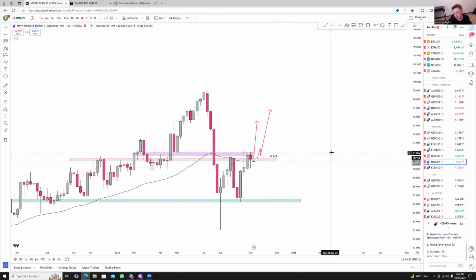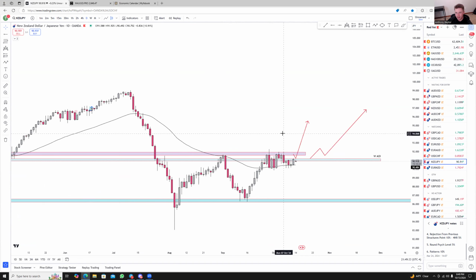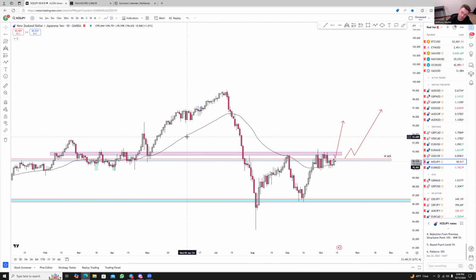We're waiting for it to get above, make a new daily higher high, push, retest this area of interest to take long. Now, where would your take profit be? Would it be all the way up here? Would it be right here? Or would it be right here?